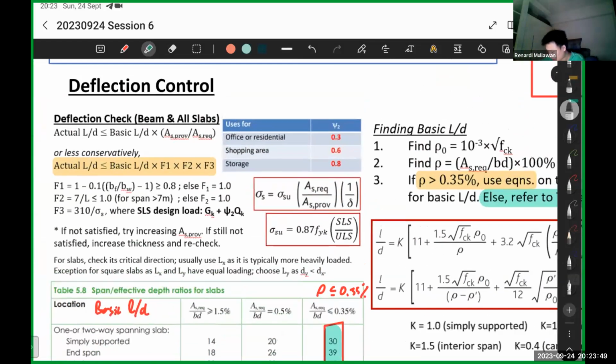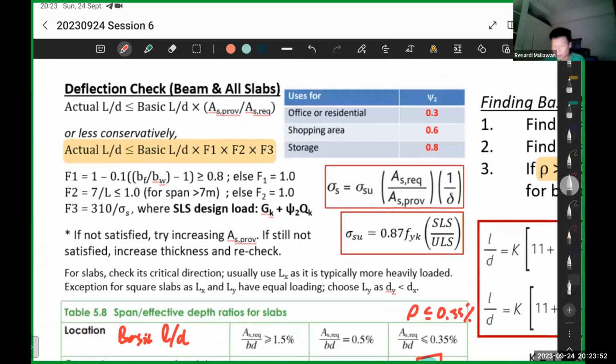Okay, next, first we have the basic L over D. That's the basic span over effective depth. Then we have these three factors, F1, F2, and F3. F1 has something to do with flanged beams, so you see here there's BF divided by BW.